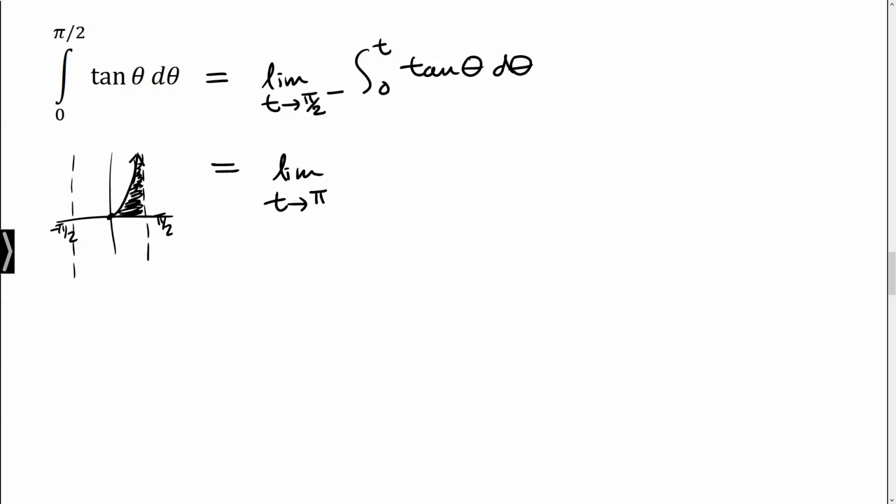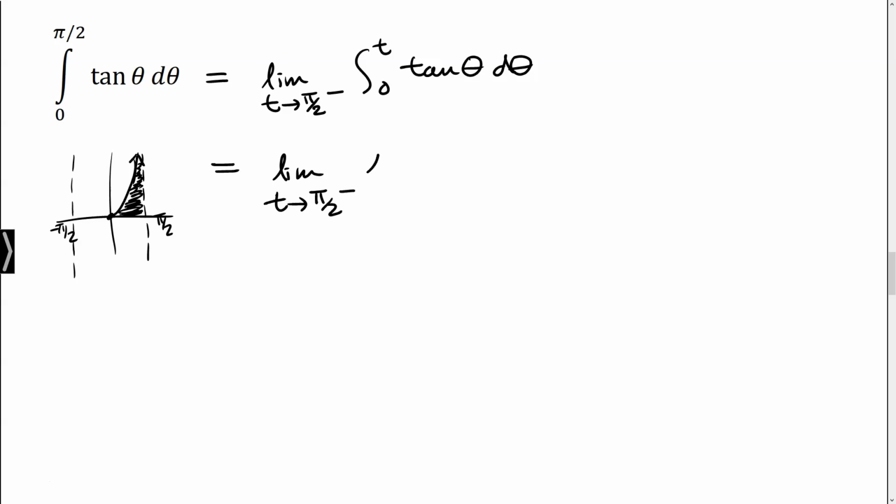The integral of tangent is natural log of secant. Normally it would be natural log of absolute value of secant, but because the secant is always positive between 0 and pi over 2, we can just say ln of secant.